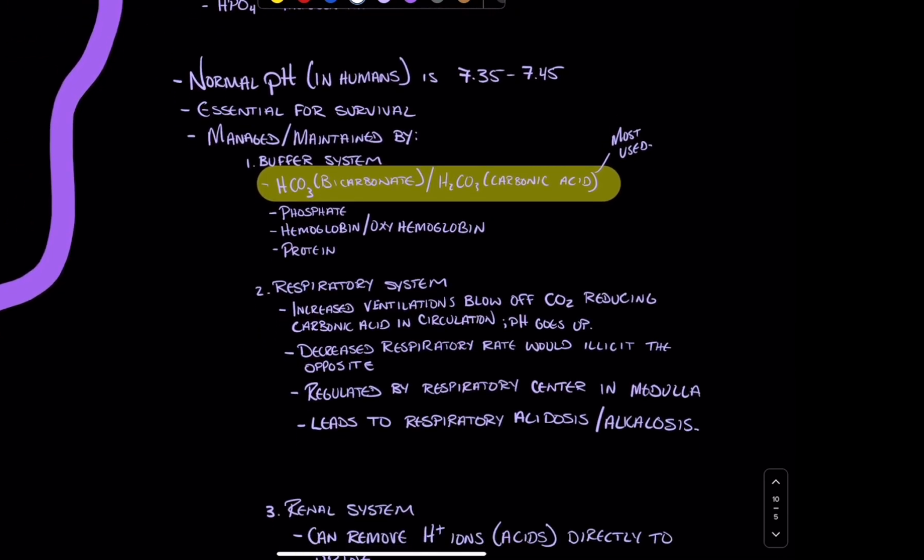Some important things to remember when we're dealing with IV infusions and adding products to our blood is that the normal pH of our blood is a range anywhere from 7.35 to 7.45. Remember that as your pH reduces, that's more acidotic, and as it increases, it's more basic.